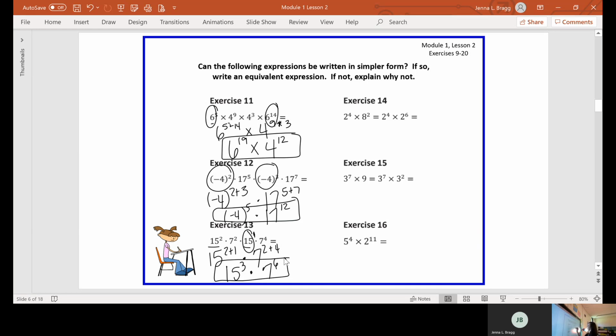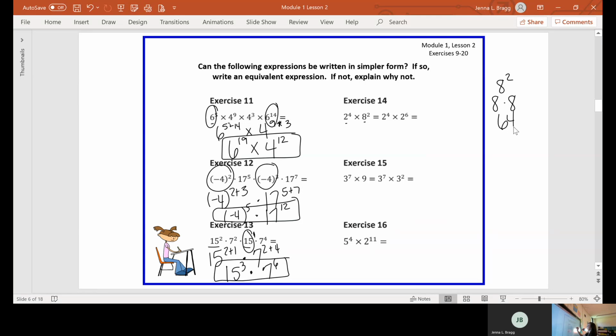Exercise 14. I cannot add the exponents if the bases are not the same, but sometimes you can find an equivalent base and exponent that would have the same base as your other number. So 8 squared is 8 times 8, which is 64. If I could find out how many times I could multiply 2 to get 64, I could have the same base.